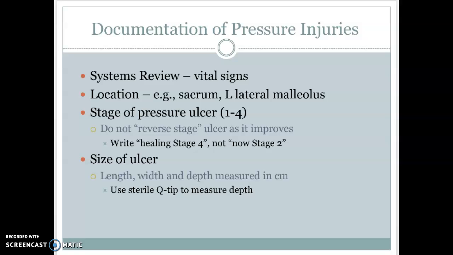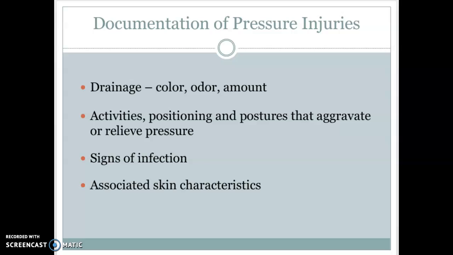If somebody was ever at a stage 4 and now it's improving, once they've been to stage 4, they have a stage 4 pressure injury, and then we can talk about how it's improving, but they're always a stage 4. Of course, the size, length, width, depth, often there are photographs that are used in documentation, and if there is drainage? Is there an odor? How much? Are there other signs of general infection?